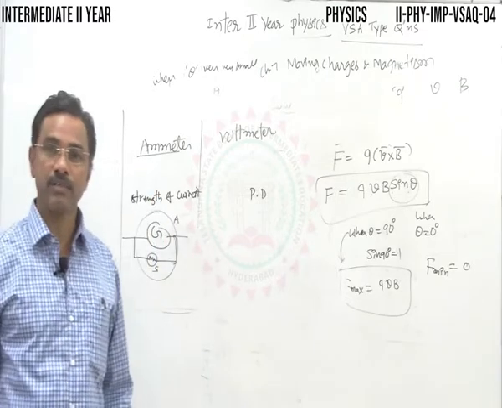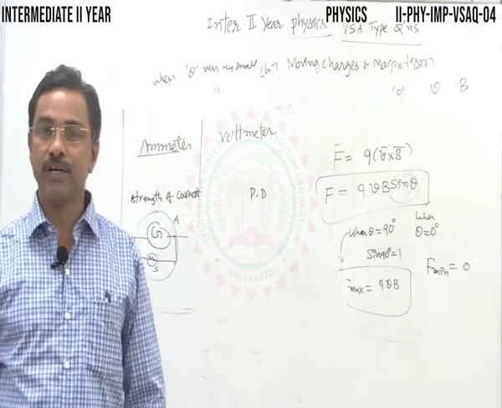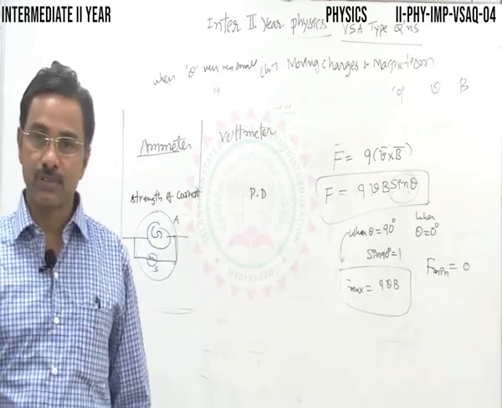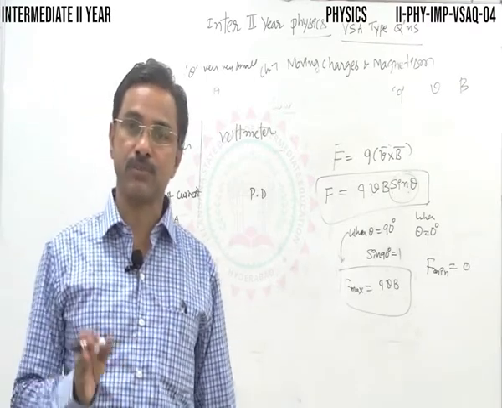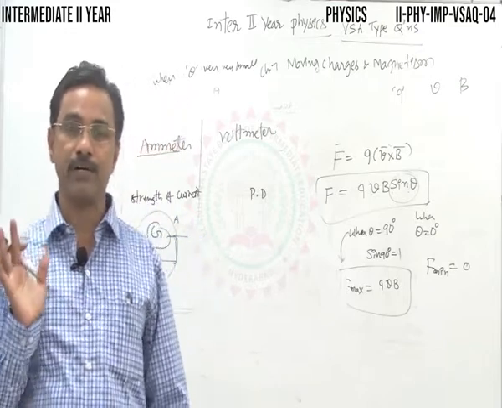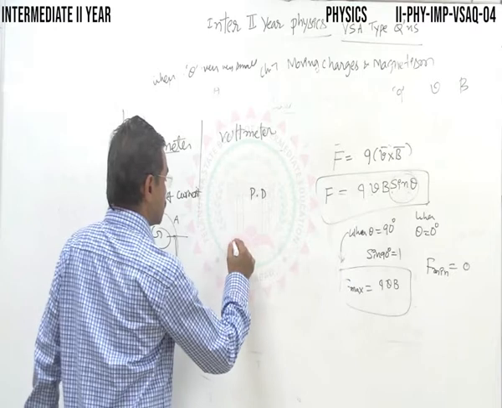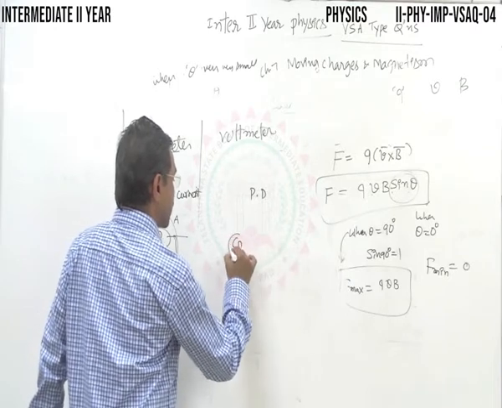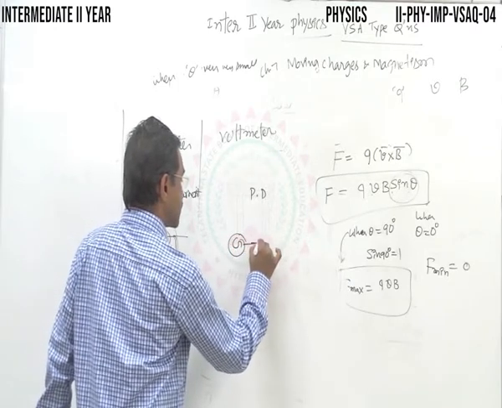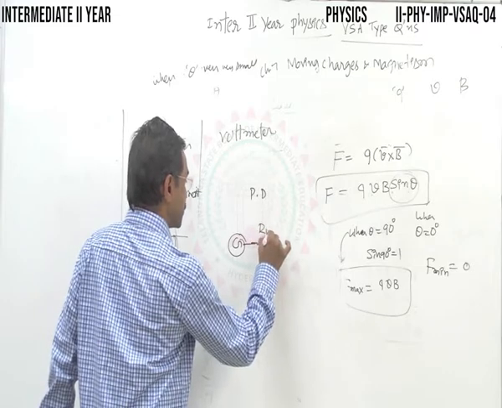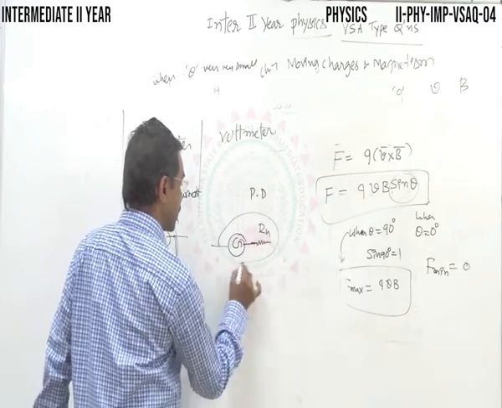The galvanometer is converted into an ammeter by connecting a suitable small resistance across, or parallel to, it. Here, a galvanometer is converted into a voltmeter by connecting a high resistance in series. It is RH, high resistance in series. This behaves like a voltmeter.